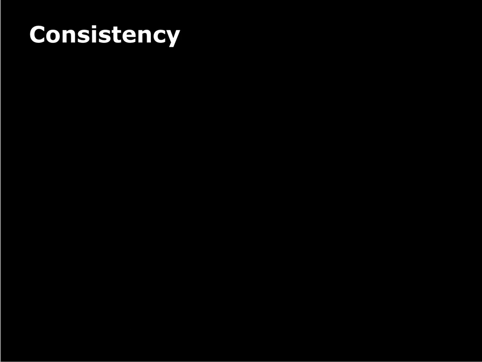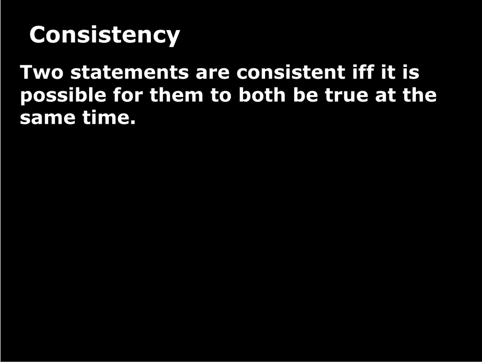Okay, the next relationship, before we do any truth tables and work through some examples, we'll get all three relations that we're interested in. The second relation is consistency. Here's the definition. Two statements are consistent if, and only if, it's possible for them to both be true at the same time.